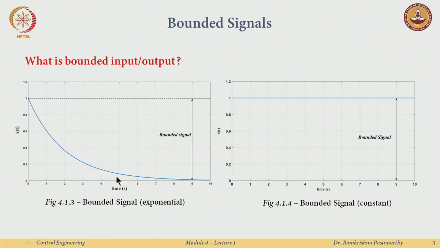Stability also depends on the nature of input and how my system behaves to that certain input. In an input output notion, stability is defined also as small changes in input should not lead to very large changes in output. Small changes in input could lead to small changes in output, that is acceptable.